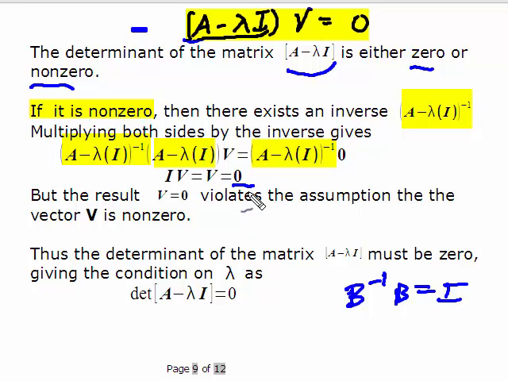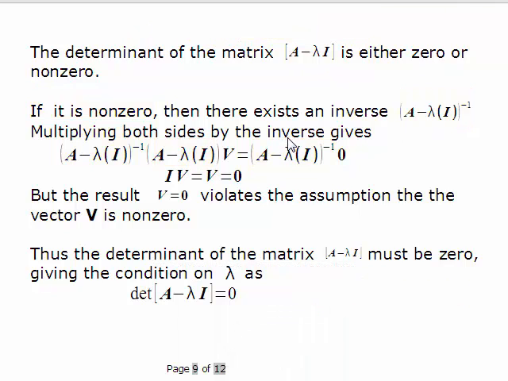We said V can't be 0 or we have no solutions. So this violates the assumption that the vector V is 0. That means that the determinant of A minus lambda I must be zero. That's the reasoning, and that leads us to the whole method for solving these equations. So the result is that the determinant of this matrix must be 0.